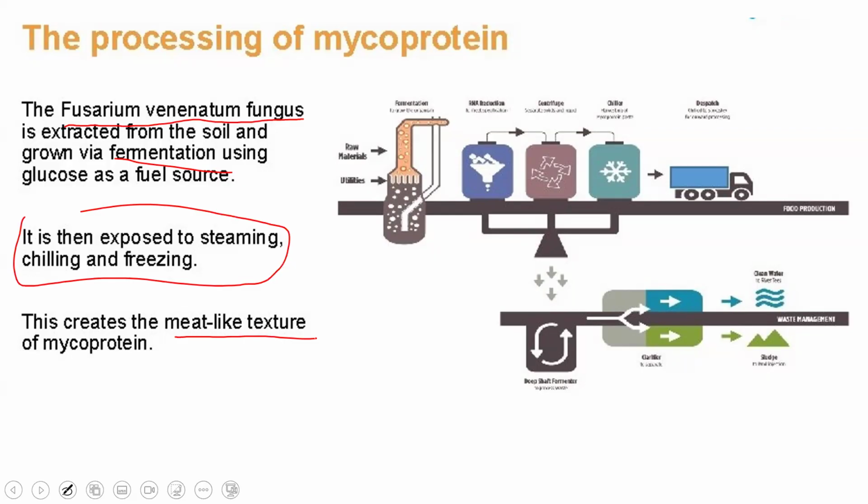So they have a massive great big fermentation vat. The fungus is in there growing, eating the glucose. Then they will spin it to centrifuge it. They will then chill it to take it out as a solid mass, and then they can take it away. So it's pretty quick. So that's mycoprotein.